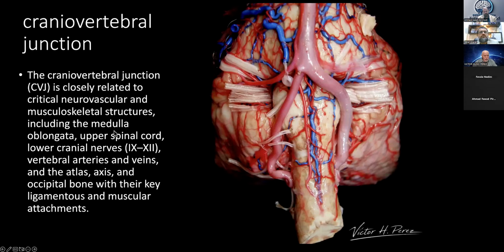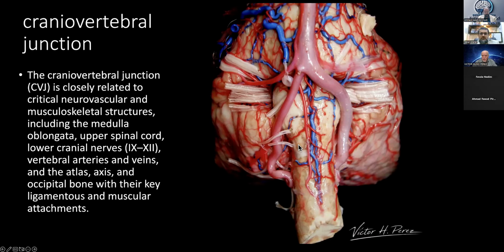So this includes the medulla oblongata, upper spinal cord, lower cranial nerves 9, 10, 11, and also the 12th cranial nerve or hypoglossal nerve. So vertebral arteries, these are some vertebral arteries, and veins, and atlas, axis, and occipital bone with their key ligamentous and muscular attachments.